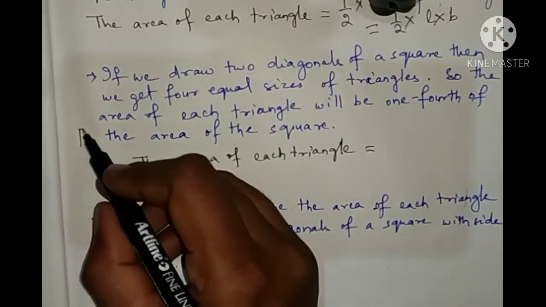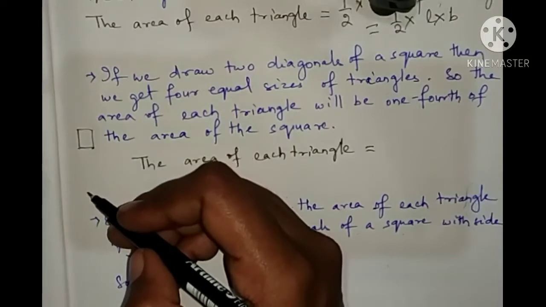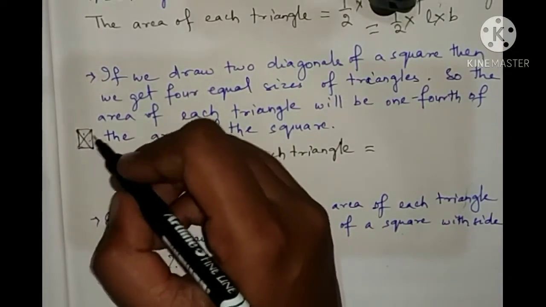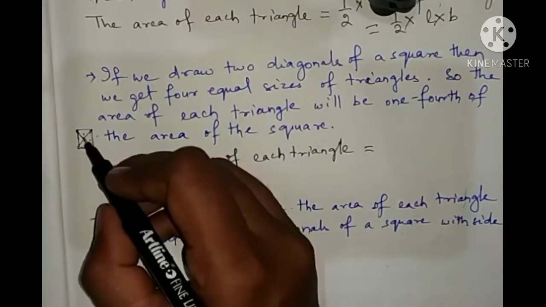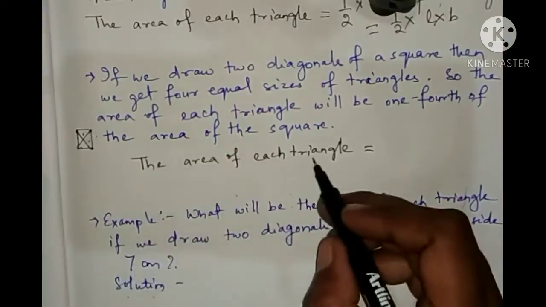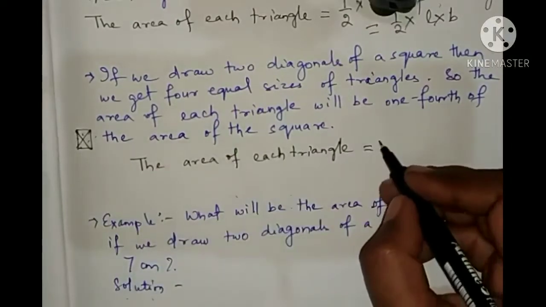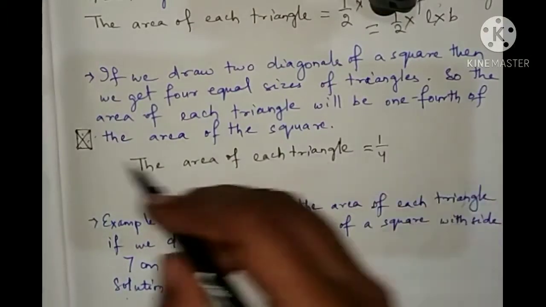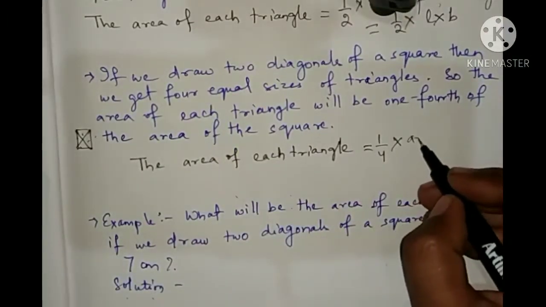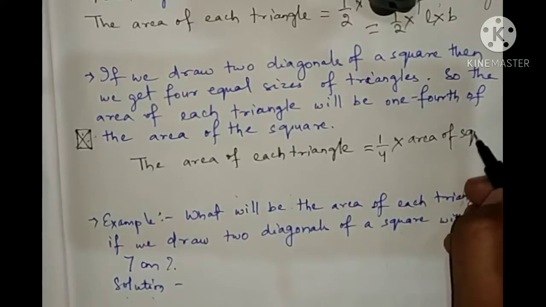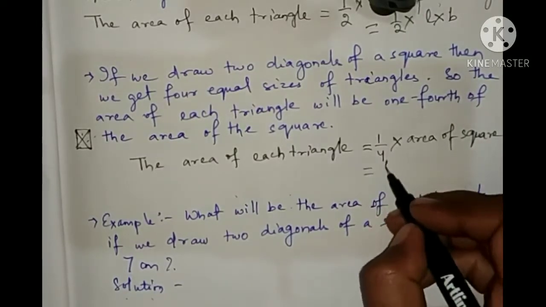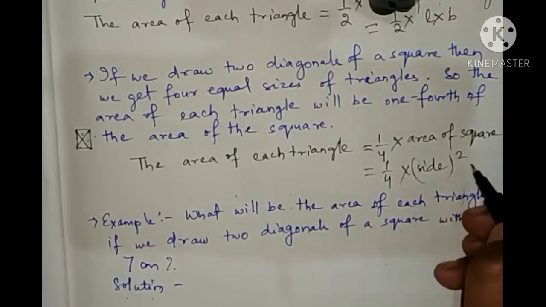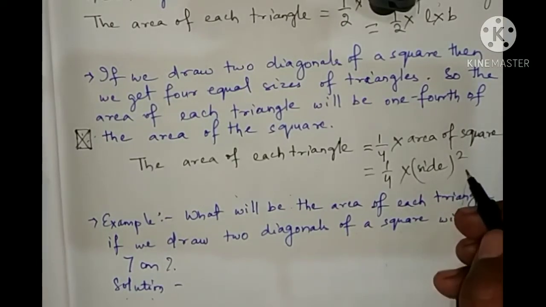If I divide a square by two diagonals, we get four triangles. So the area of each triangle is equal to how much? 1/4 of the area of the square. So 1/4 into the area of square equals 1/4 into side whole squared, meaning side into side.